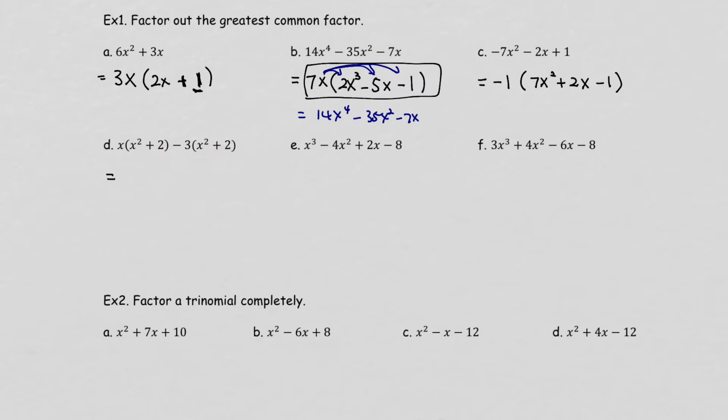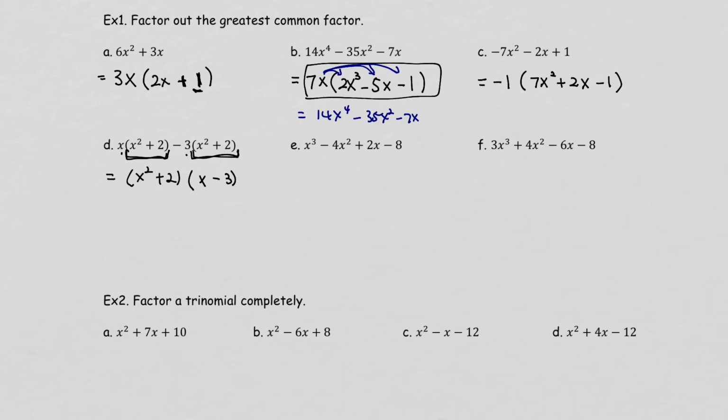So when you factor out x squared plus 2, because that's common, what do you have remaining? You have x minus 3 remaining. Cover the common factor and see what remains, right? When you cover it, you will see x minus 3 remains.